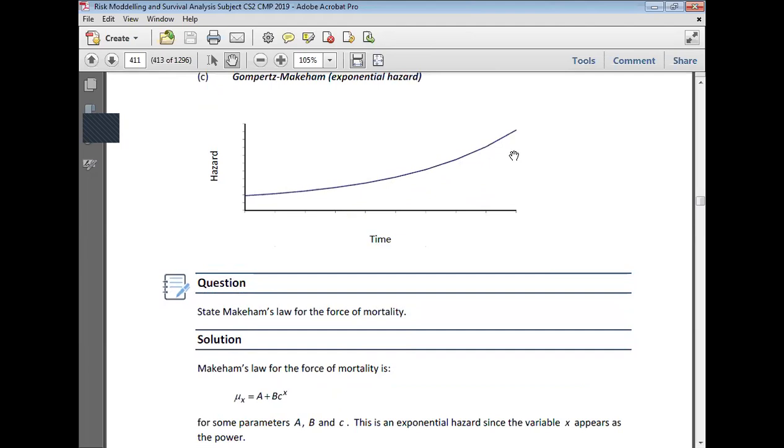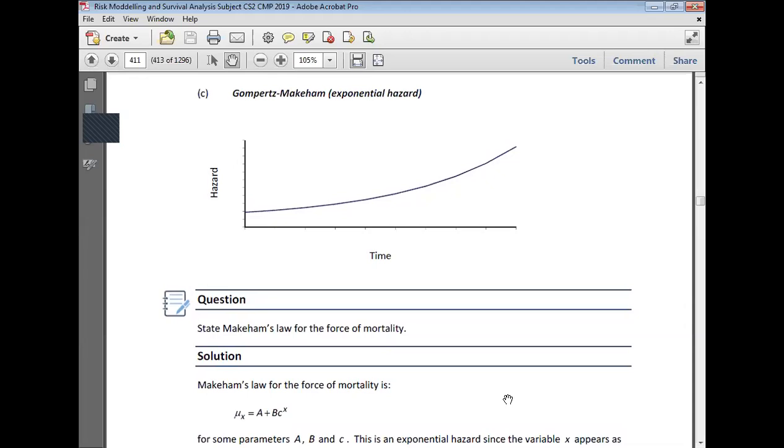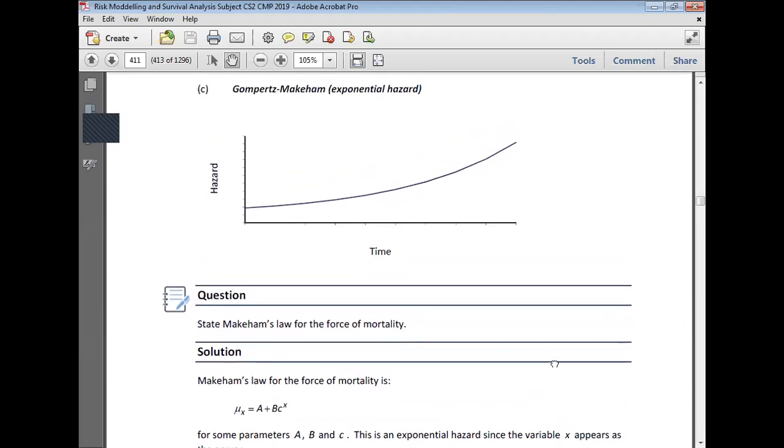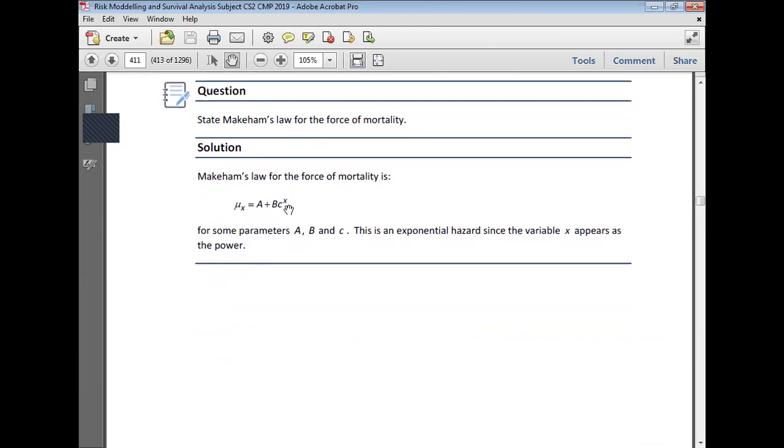The model is actually a remarkably close fit to model the adult mortality rate, as we have already seen, and much more so in developed countries than in other kinds of countries. So again, this is Makeham's law for the force of mortality.